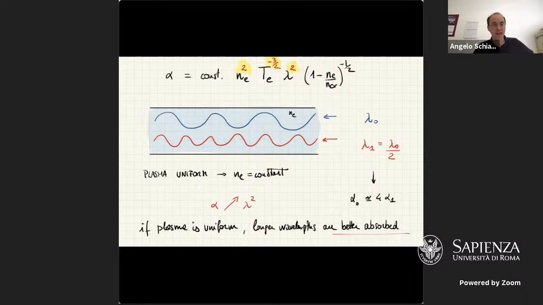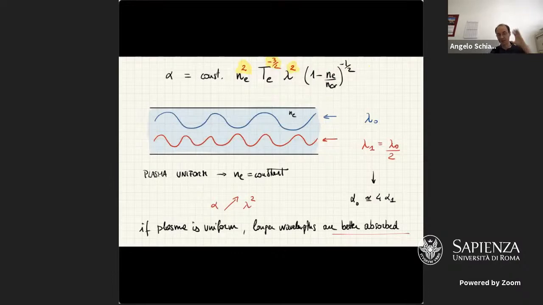So for instance, instead of using optical radiation, like a usual transition neodymium glass laser, it would be preferable to use longer wavelength, like CO2 lasers that have a radiation in the far infrared, 10 microns radiation instead of 1 micron radiation, and we can get much higher absorption if the plasma is uniform.